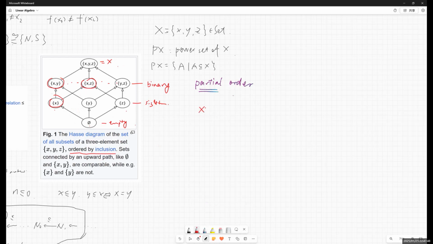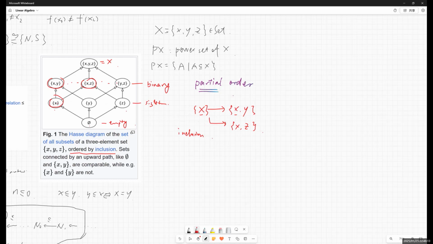Let's say there is an injection from X to XY, we can inject X into XY here, and we also have an injection to XZ. So the injection is essentially inclusion. But we cannot inject X into YZ, right?